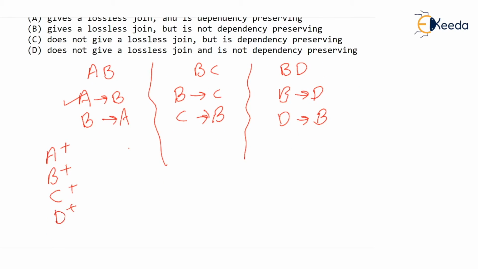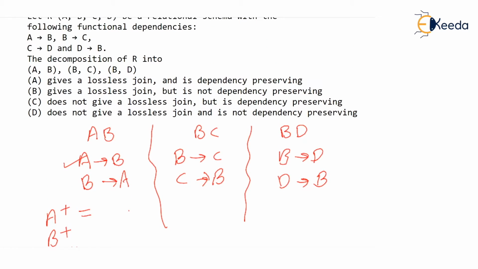Now A closure, observe, is going to contain A, B, C, D, all four. Check it on your own from the original dependencies given. And B closure will contain B, C, D. That's it. B closure will contain B, C, D, and that's it.